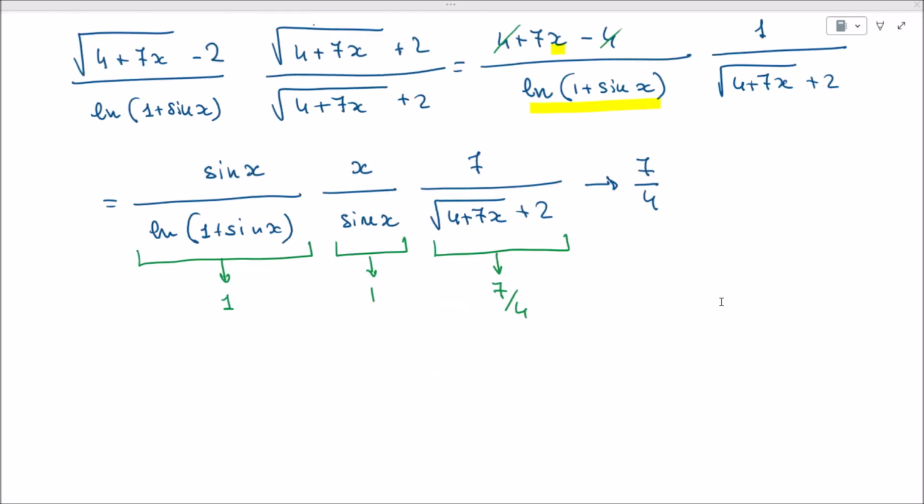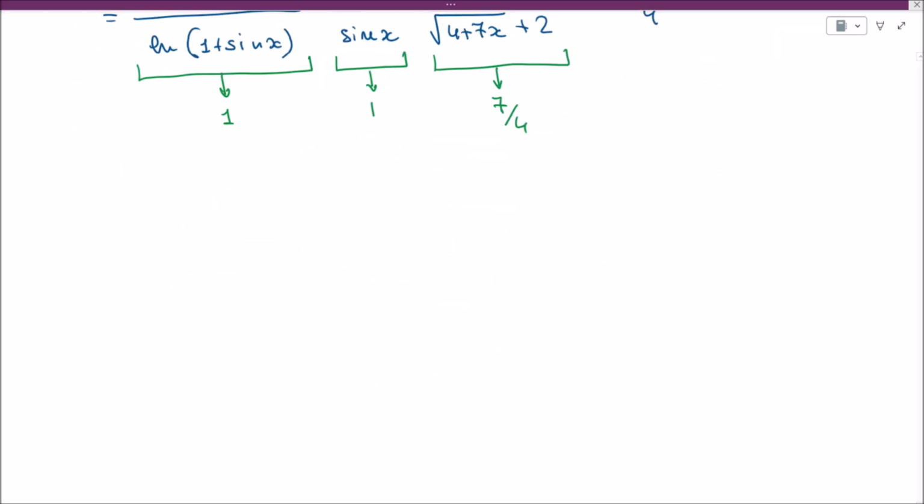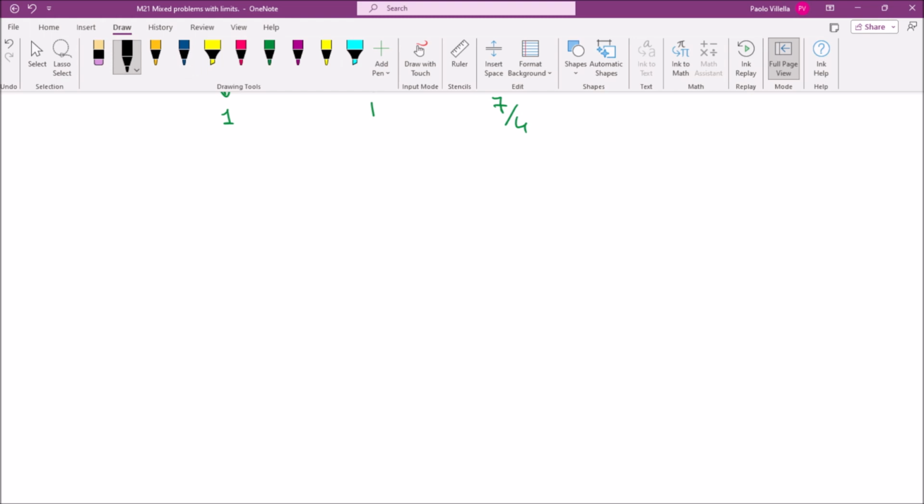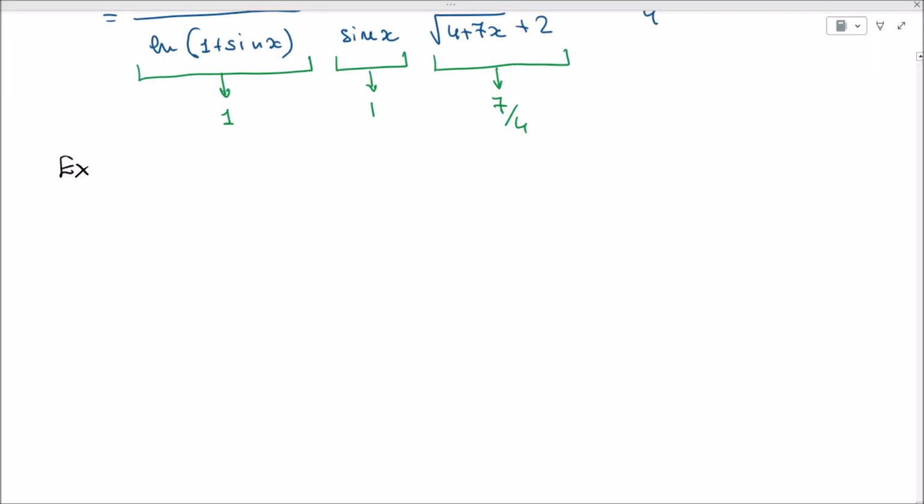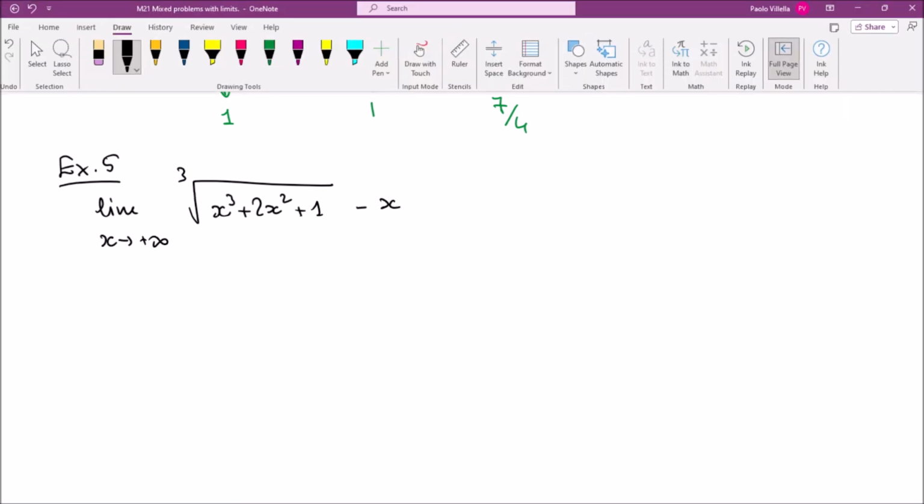Another example of rationalization is offered by this limit. Let's consider example 5. Let's consider the limit as x goes to plus infinity of the cube root of x cubed plus 2x squared plus 1 minus x. Okay, so what is the undetermined form here?